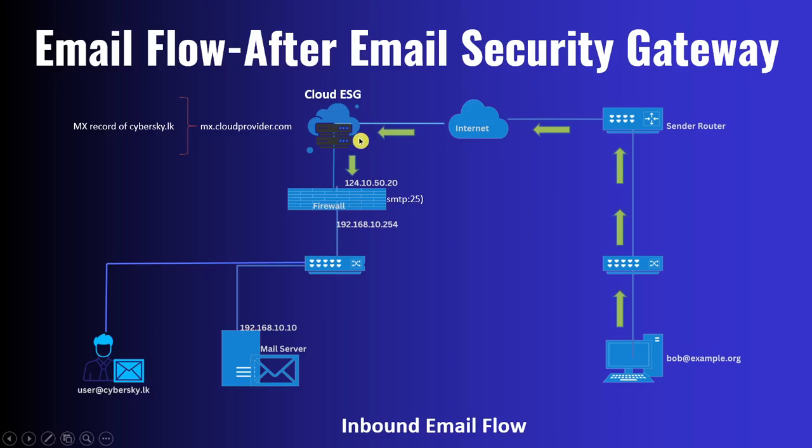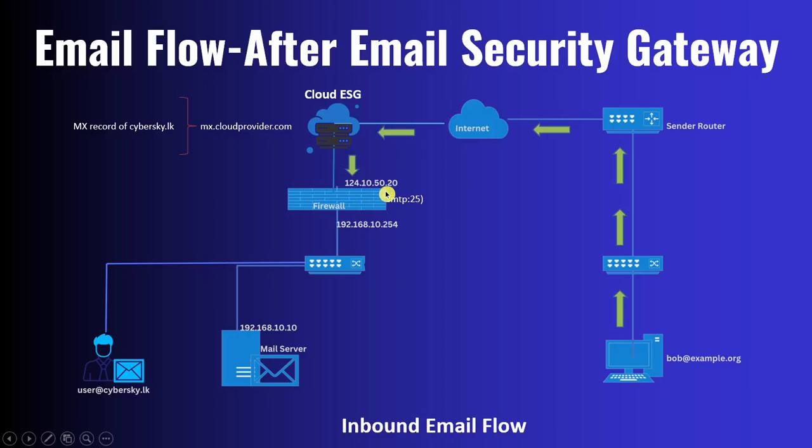Because the scenario is now different, all the email flow you receive on-premise comes from the cloud email security provider. So you can update your firewall rule, that is, update the source IP address of the NAT settings to the cloud email security gateway's IP addresses.